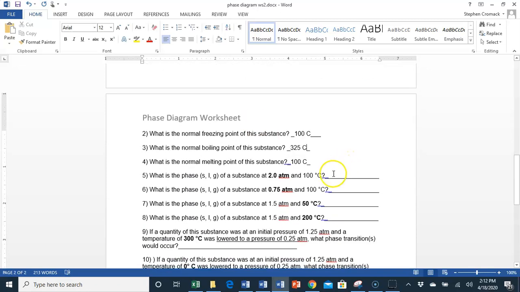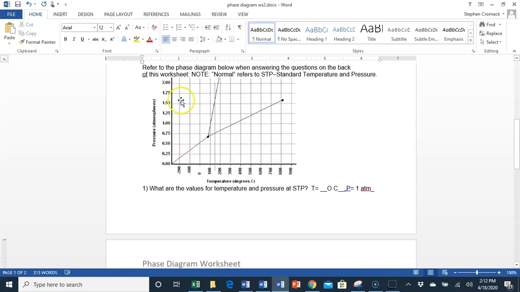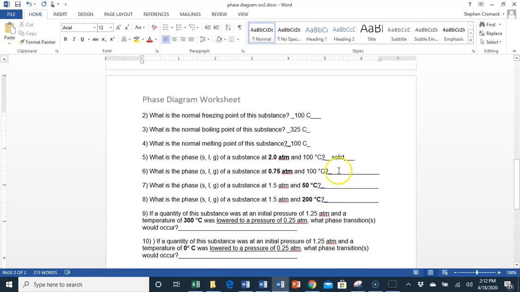So we're going to be a solid at that temperature and pressure. But now we're going to be staying at 100 degrees Celsius, but changing the pressure. So we're 100 degrees Celsius, but we are now at 0.75 for pressure. So if you go up, that's going to put you right in this little V region. So we're going to be a liquid at that pressure. So liquid there, and then we'll have a couple more just like that.